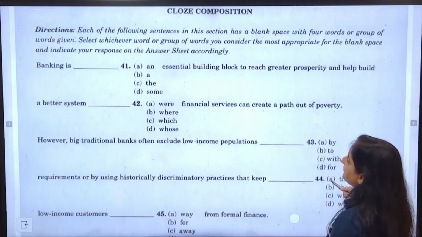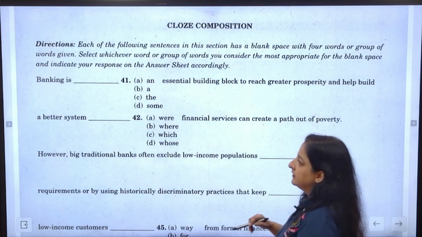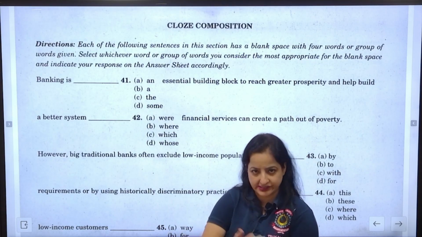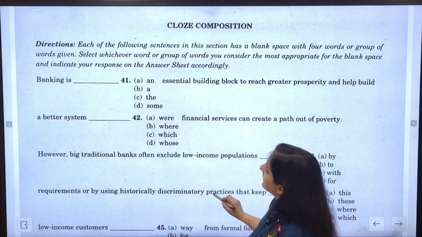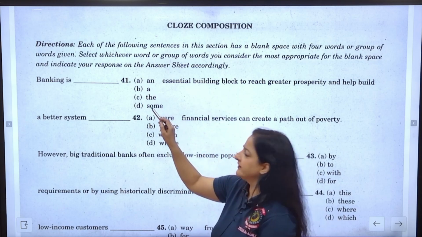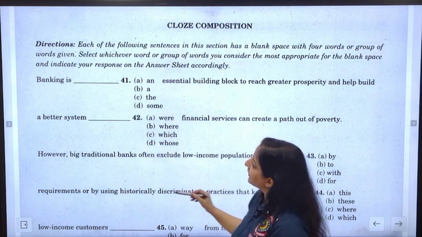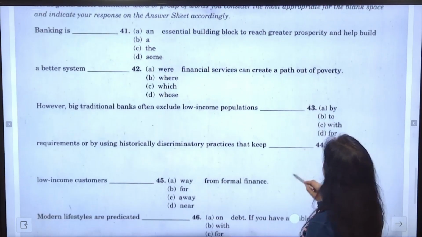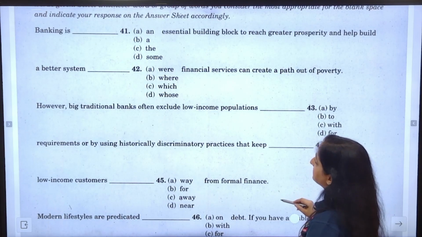Next one. This will be the last passage for this video. Let's begin with skimming. Banking is essential building block. So do you see I'm not reading this? So ignore. Okay. Banking is essential building block to reach greater prosperity and help build a better system.